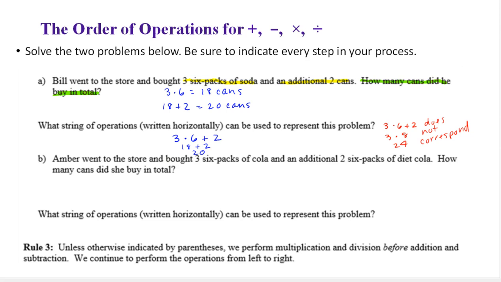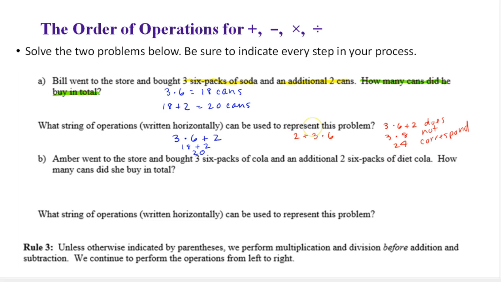Okay. Now, I think you'll agree that we could also write this as, well, I have 2 cans of soda. We could start with the 2 additional cans and add on the 3 6-packs. Okay. Well, what would happen if we did the operations from left to right here?